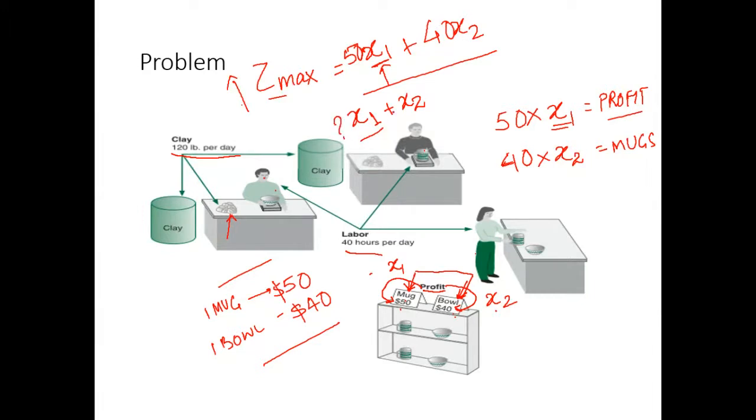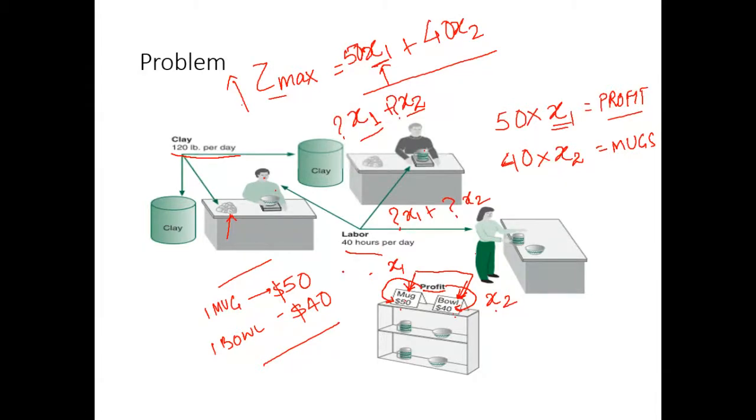I don't know. How much clay is required for making X2? I don't know right now. Then we come to the labor. How much labor is required for making X1 and X2? We don't know. But it's given in the example. So this is the only information we need more.